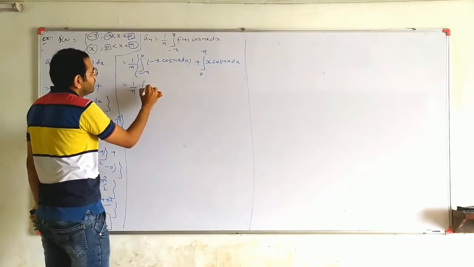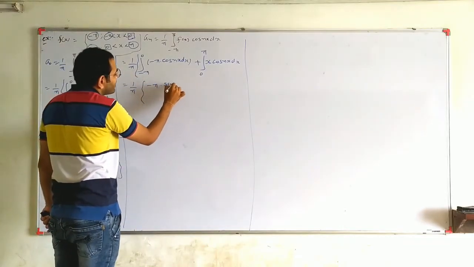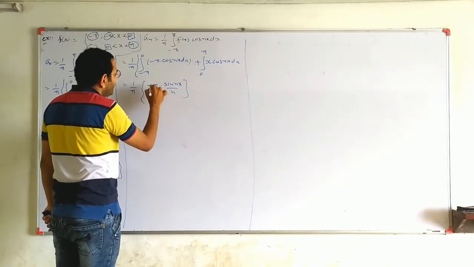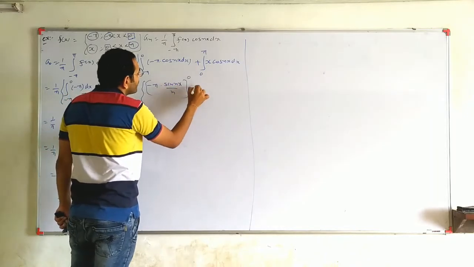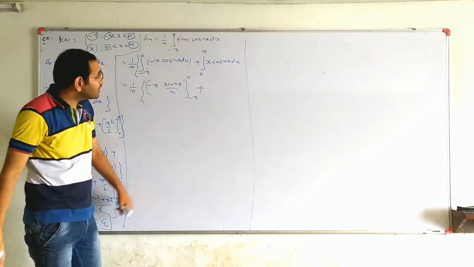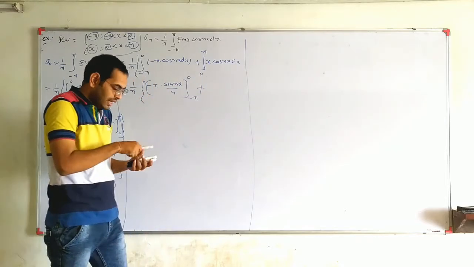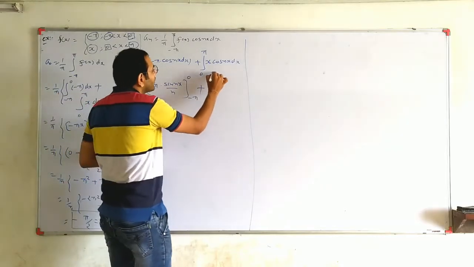The integral of the first term, minus pi times the integral of cos, is sin nx by n, from minus pi to 0. Then here we apply the LIATE rule.